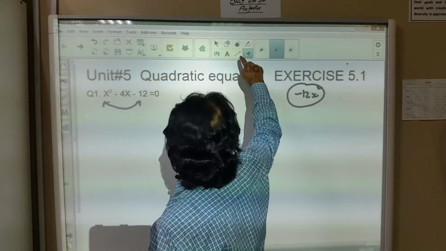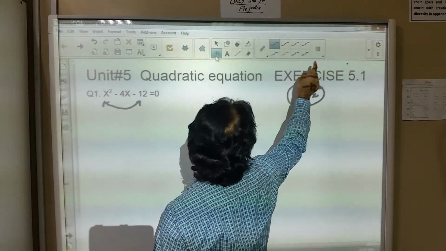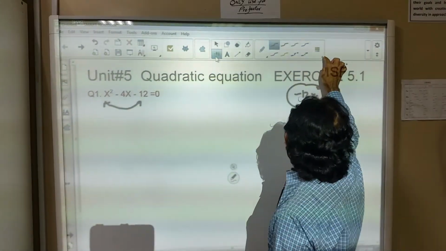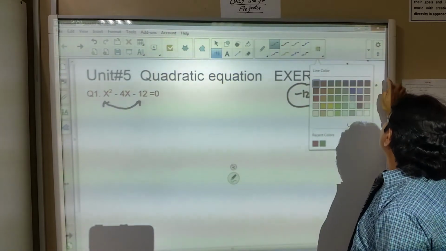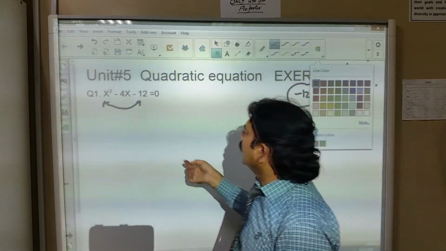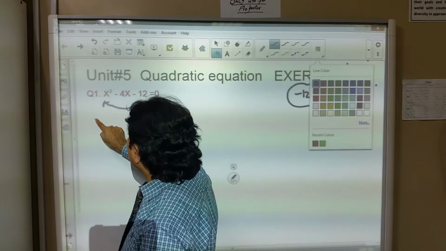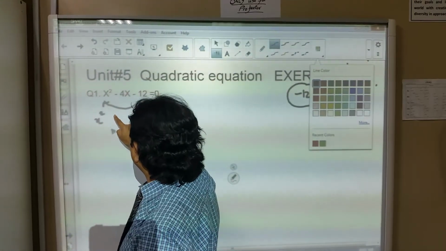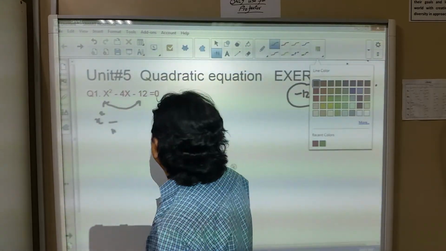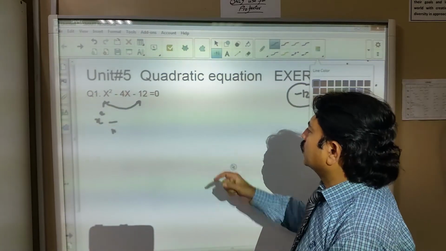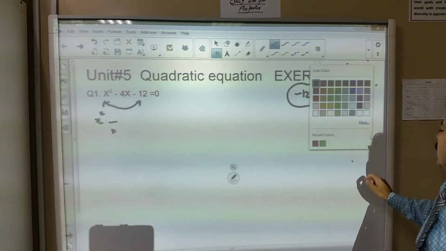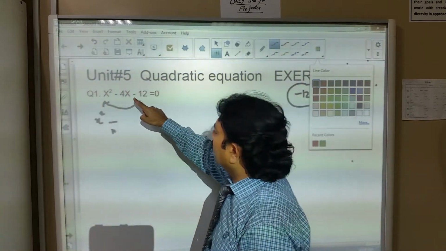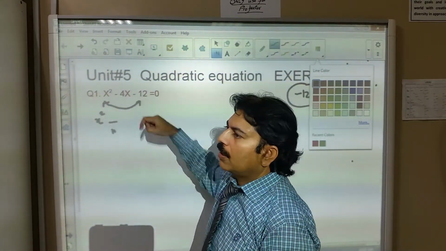Now x square, when you multiply, this should be minus 12x square, and when you add the sum, it should be minus 4x.